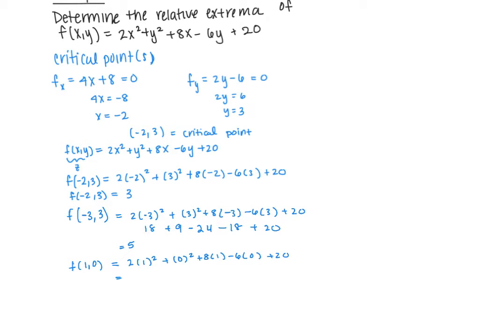And when I do that, I get 2 plus 8 plus 20, which is 30. So f of x, y, for any x, y, is greater than or equal to our critical point. So that means that the critical point, negative 2, 3, is a relative minimum at z equals 3.